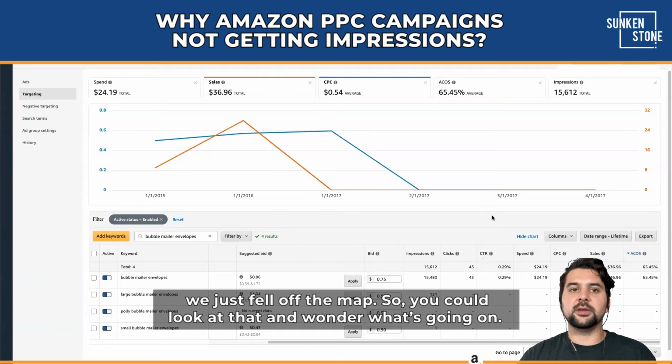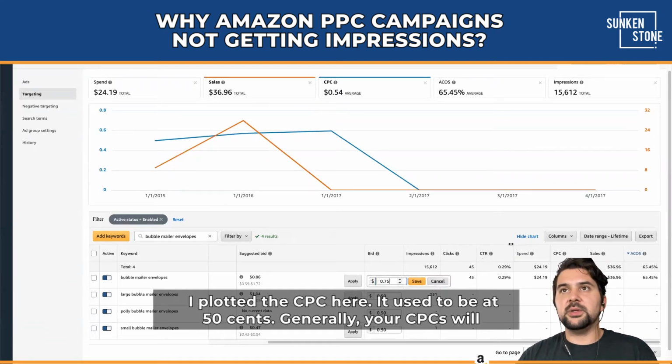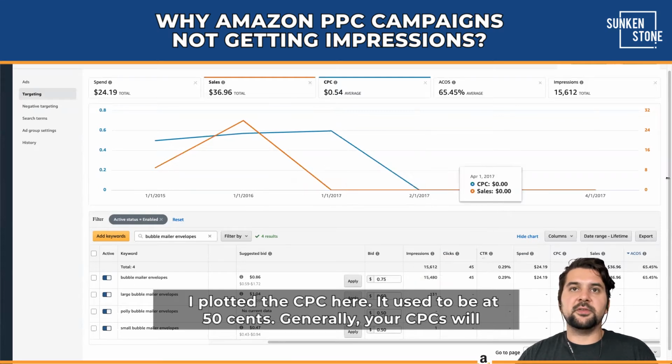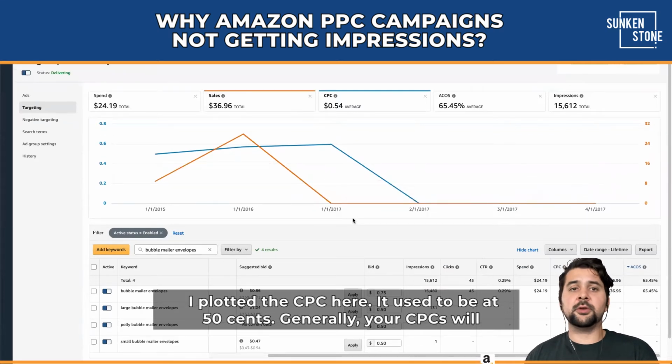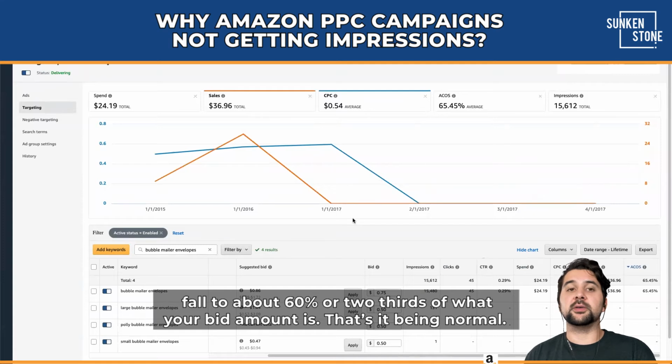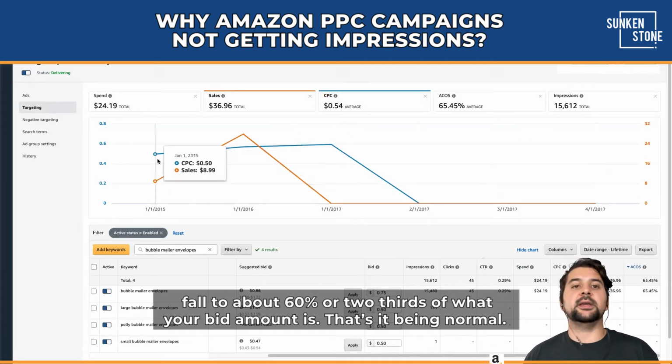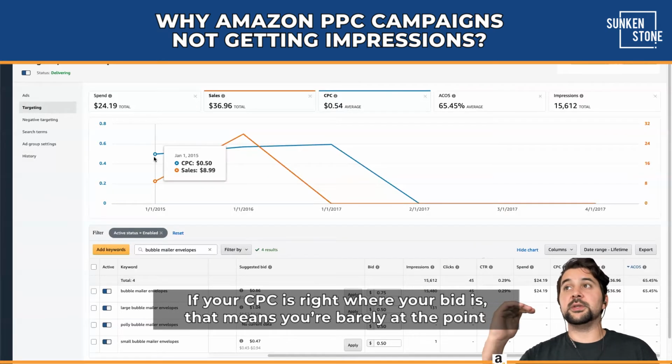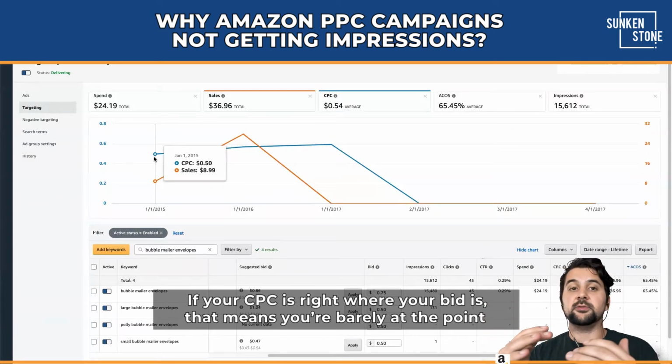So you could look at that and be like, our impressions are down, what's going on? I plotted the CPC here, and we used to be at 50 cents, which is generally normal, as your CPCs will fall to about 60% or 2/3 of what your bid amount is. If your CPC is right where your bid is, then you're barely at the point where you can get impressions.